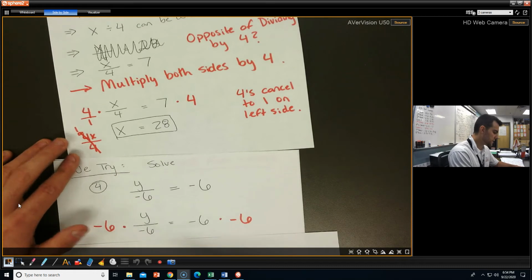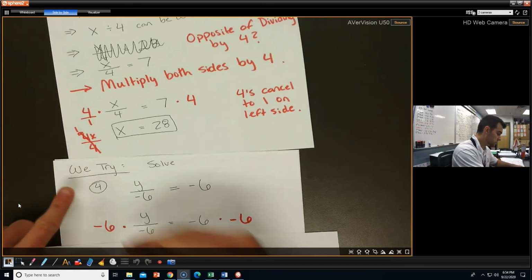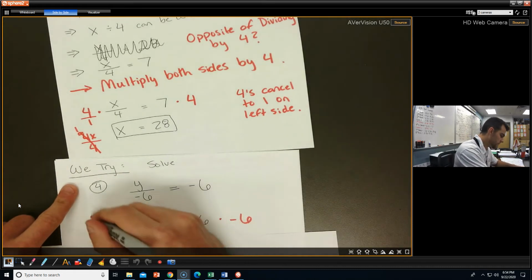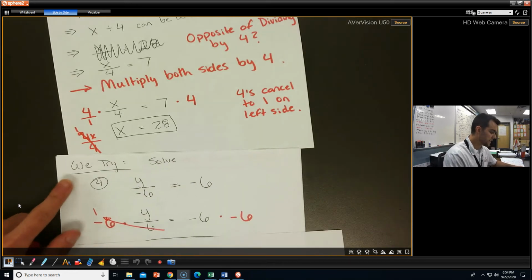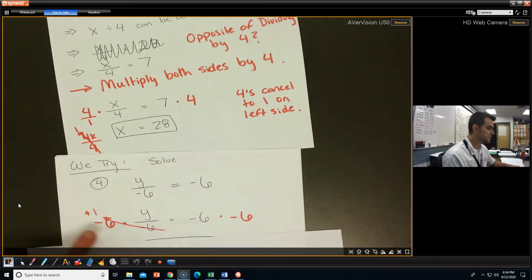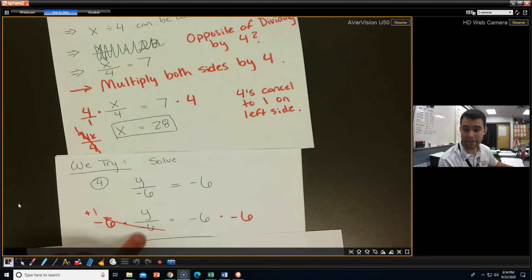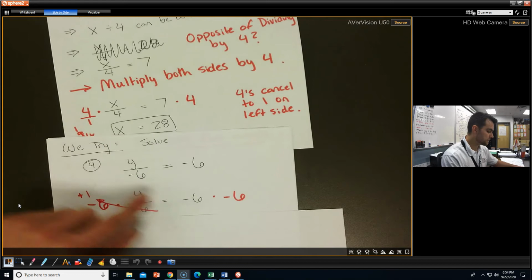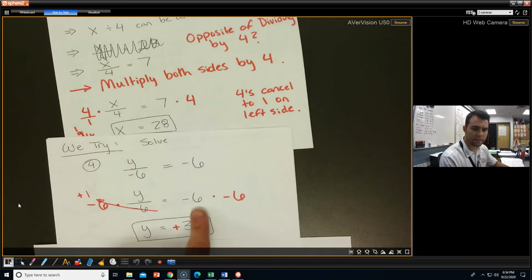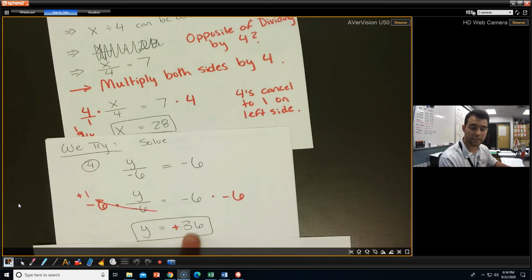Again, when I do this, these guys are going to cancel out to 1, which is great. And in fact, they cancel out to positive 1 because we're dividing a negative by a negative.